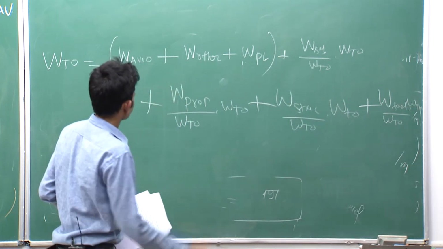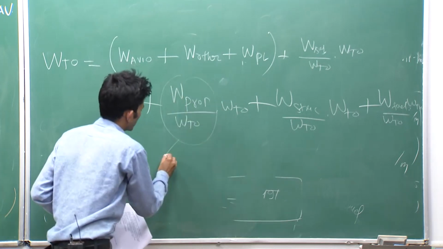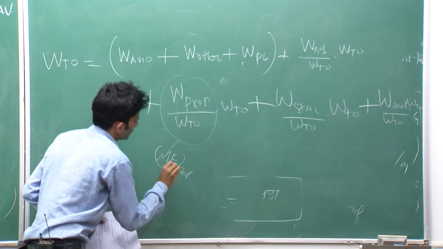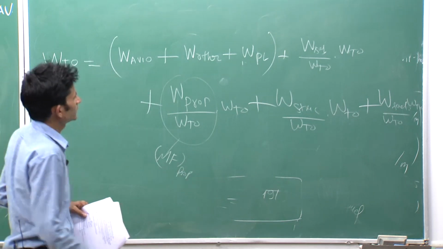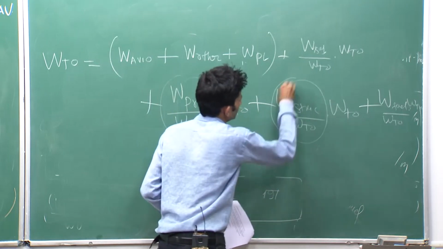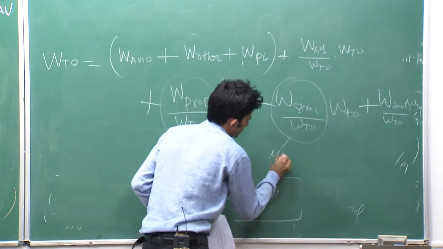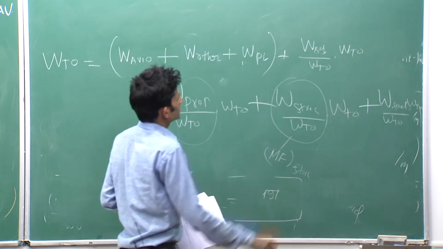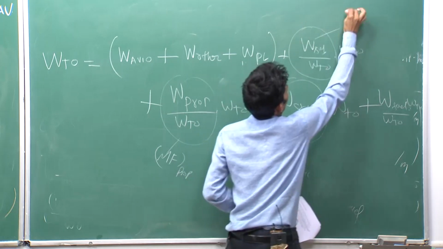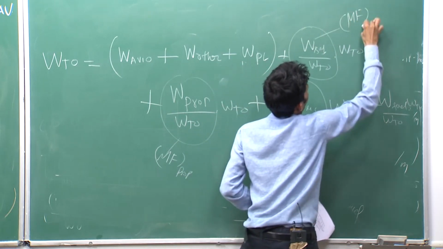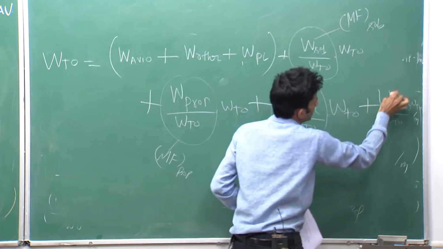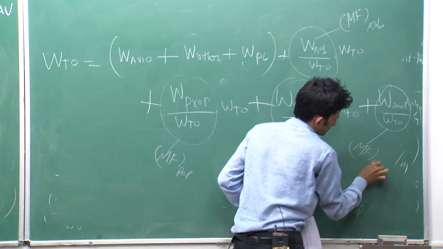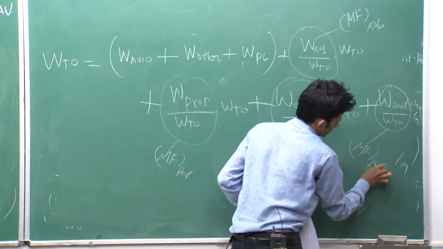So, this is the mass fraction of the propulsion system, this is the mass fraction of structures, this is the mass fraction of subsystem, and this is the mass fraction of fuel.